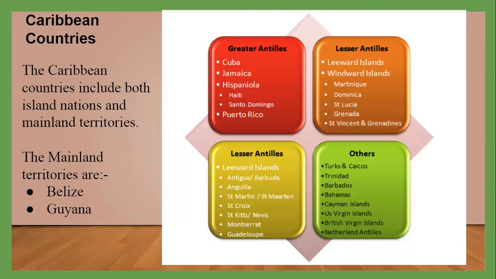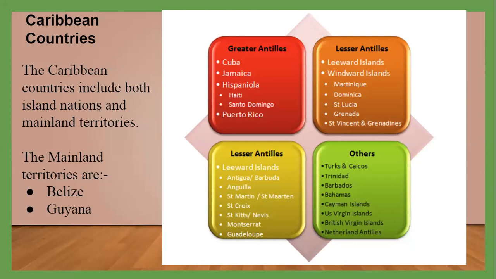So which countries make up the Caribbean? Caribbean countries include both island nations and mainland territories. Island nations are those territories that are completely surrounded by water. So those are the islands. But there are also territories in the Caribbean that are not completely surrounded by water.